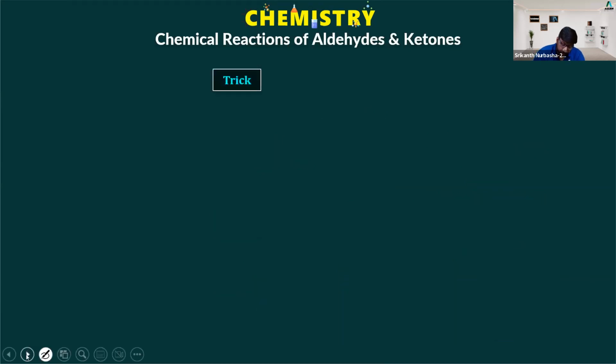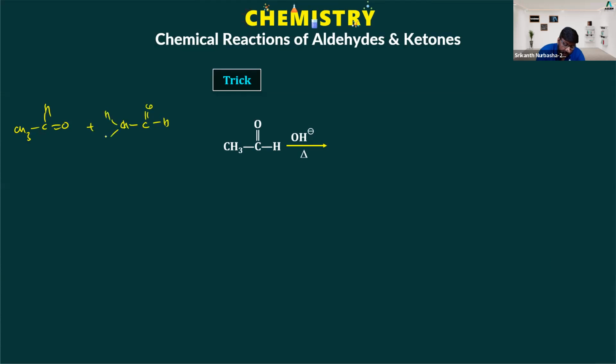Look at this reaction. CH3 C double bond O H, OH minus upon heating, what will it form? CH3 C double bond O H. According to the trick, CH3 CH C double bond O plus C double bond O CH CH CH3. With respect to one molecule, the oxygen should be lost.